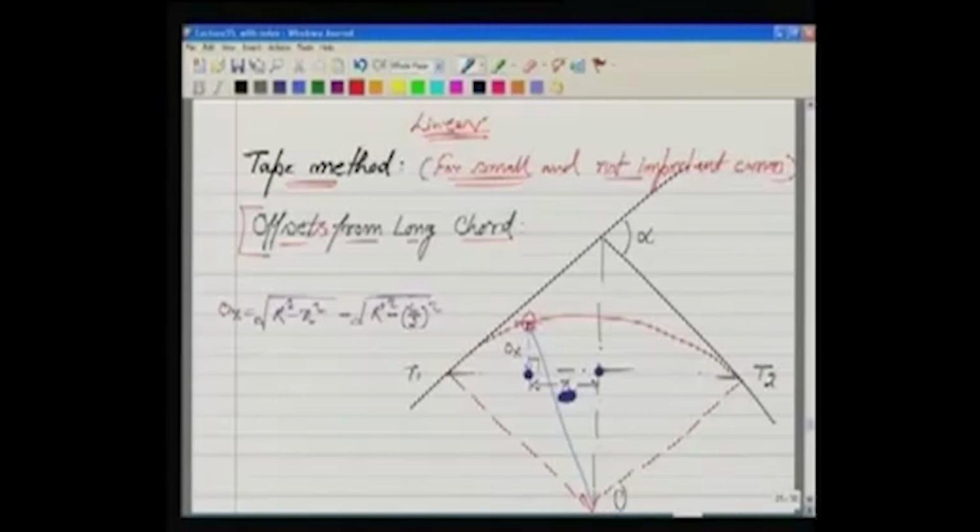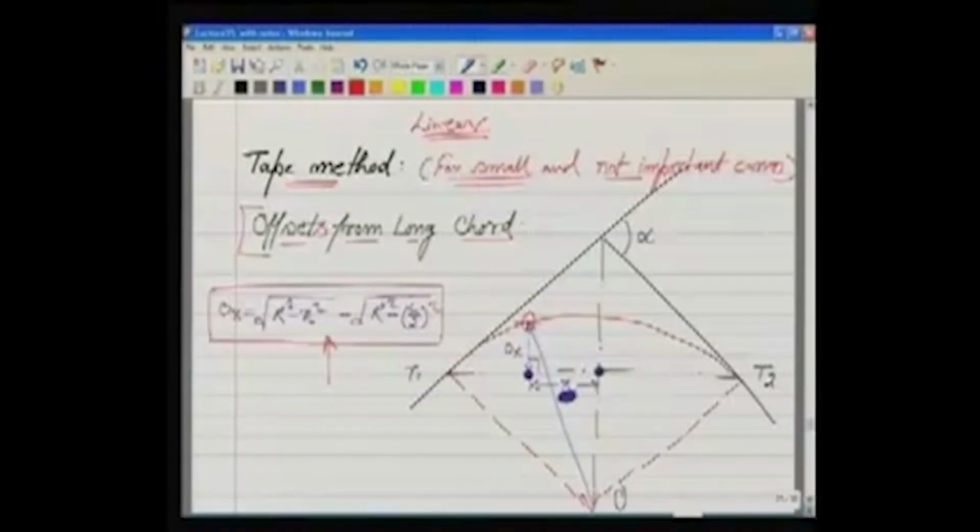Now what is the value of OX? OX is given as this. I am not getting into the derivation of this because this is a very simple derivation and you can arrive at this value very easily. But I will advise you to please go through some textbook or try to do this derivation yourself. It's a very easy derivation and it will help you to understand it.